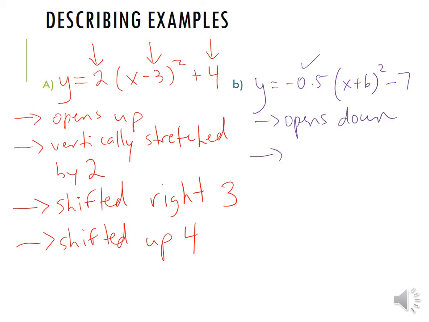And then we see the 0.5. And remember, if it's a decimal, that means it's not vertically stretched, it's vertically compressed. And don't write by negative 0.5. We already took care of the negative by saying opens down, so just write by 0.5.